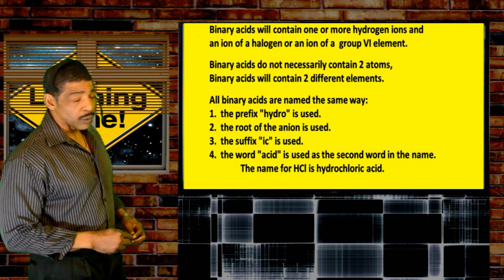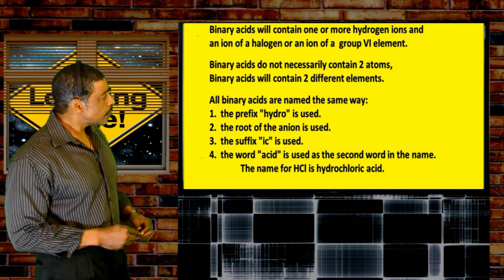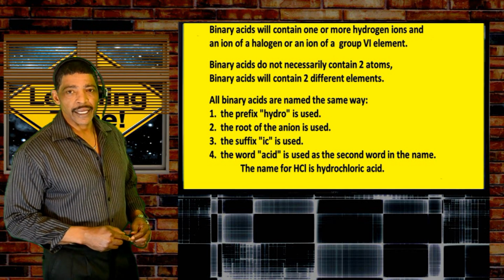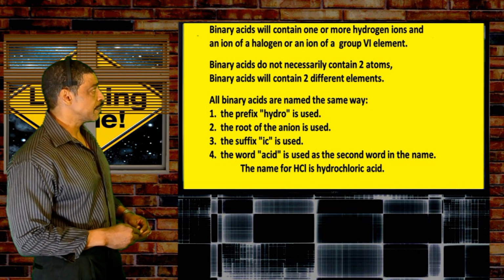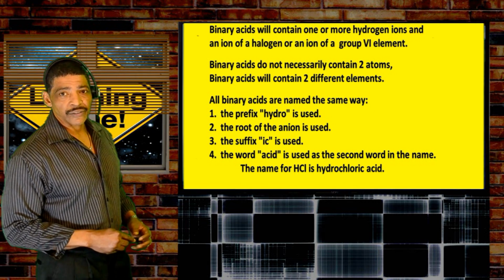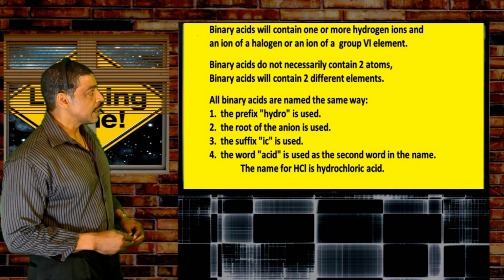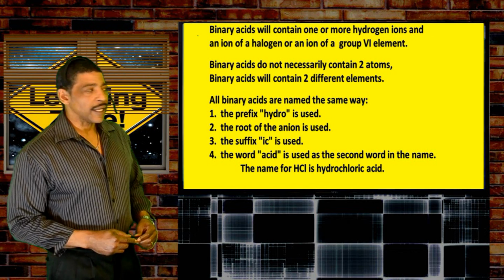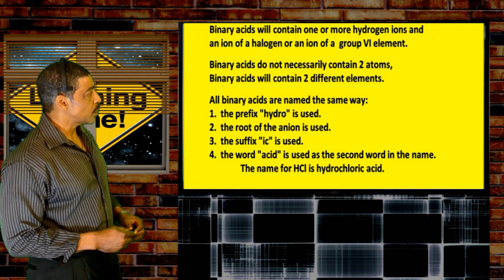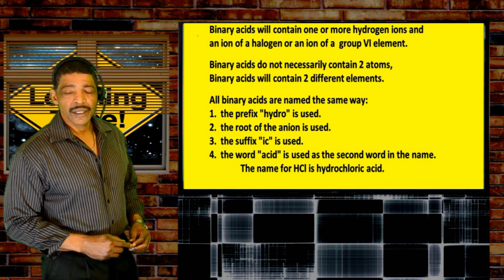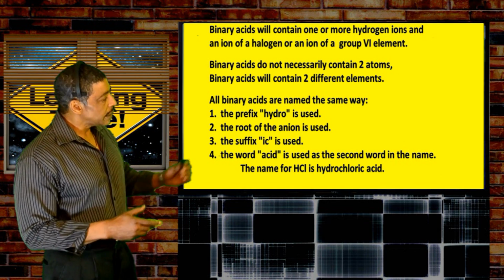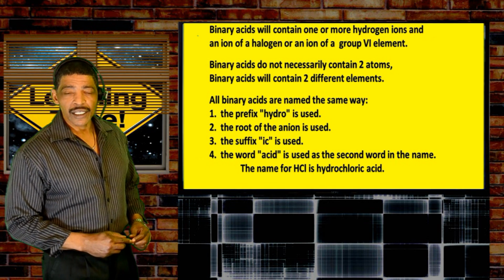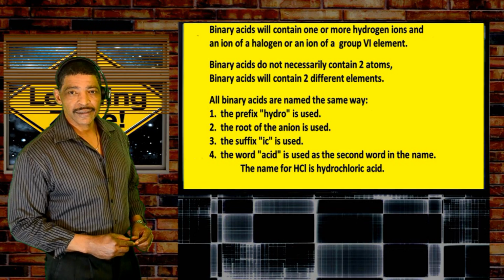The prefix will always be hydro, followed by the root of the anion found in the acid. The suffix, the ending, will always be -ic, and the word acid will be the second word in the name. For example, HCl is called hydrochloric acid.